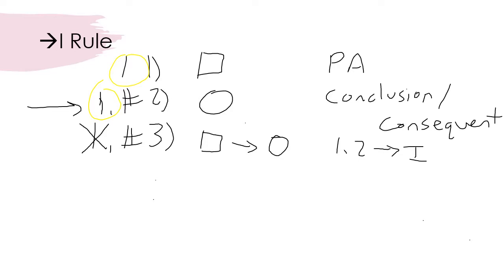So once you make the conditional statement, it's saying, well, this PA goes away because it leads to this specific statement, this specific conditional statement that I'm going for. So let's just do a couple sets of problems, and you should be able to get a better feel for what's going on with this new rule.